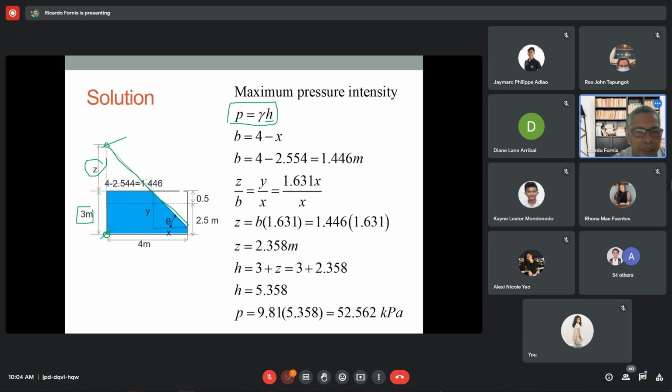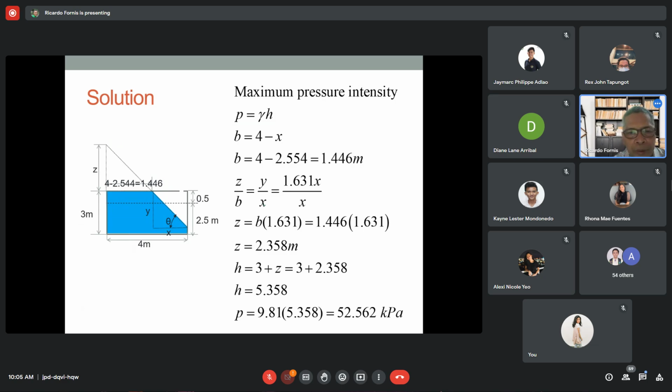How do we calculate for z? We do ratio and proportion, where this side is 4 minus the value of x. I hope that is clear.